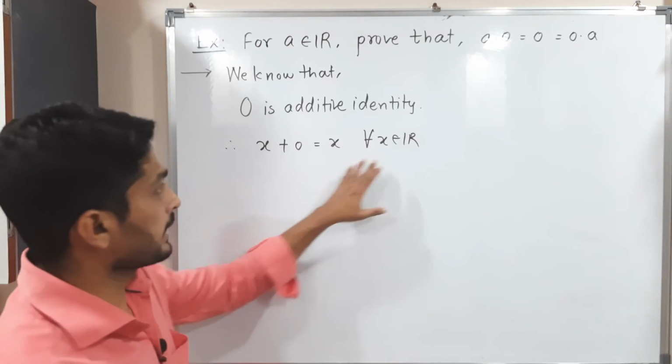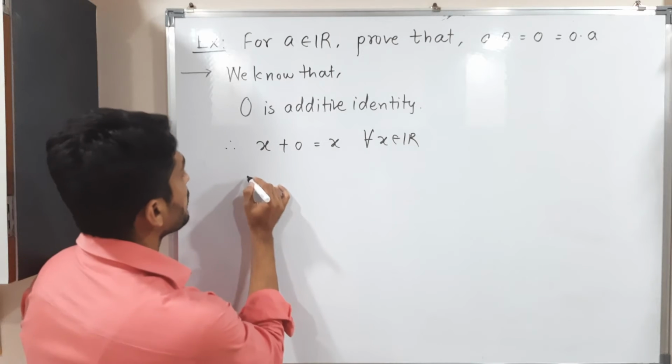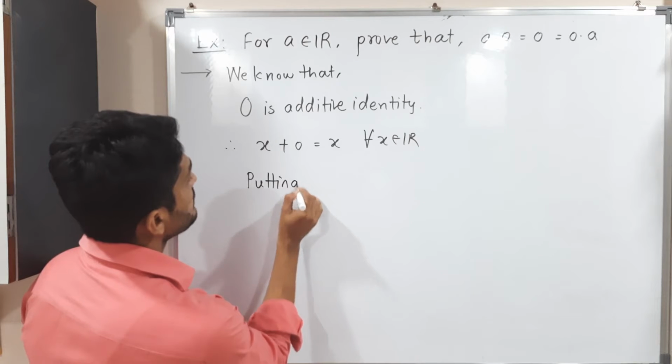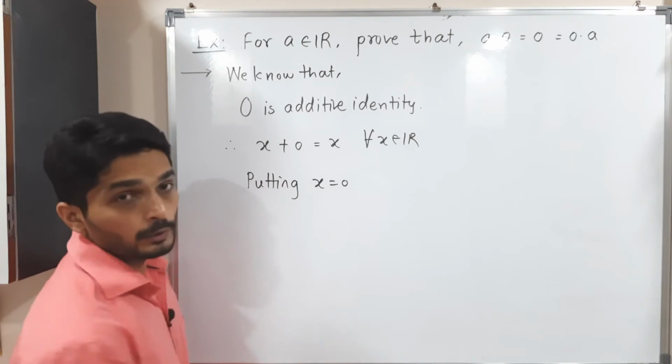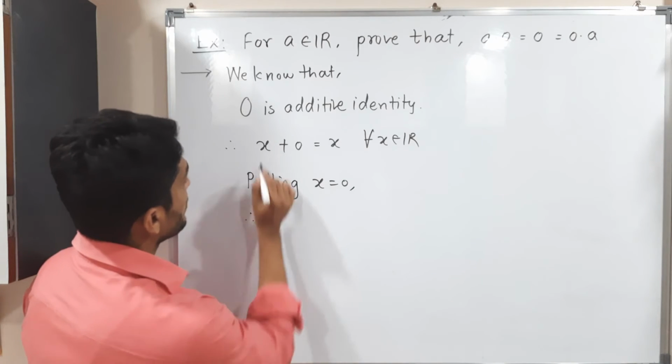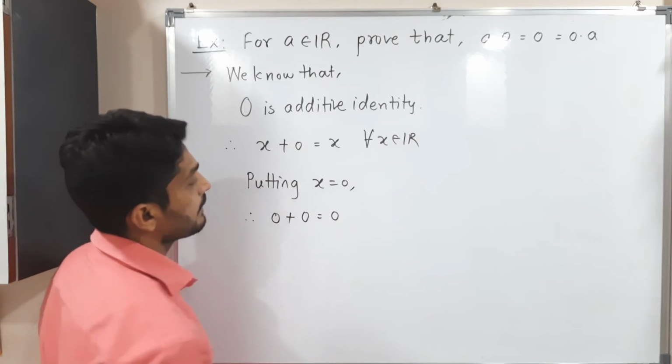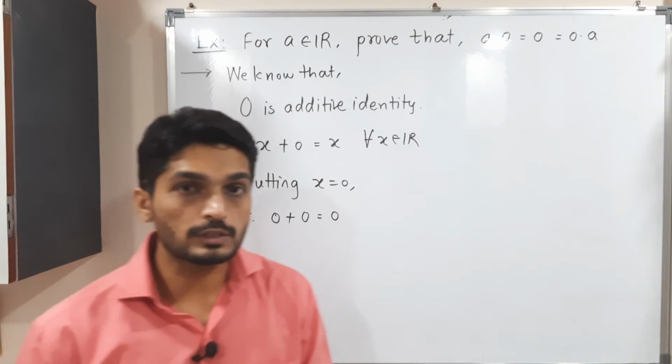So particularly, I am putting x is equal to 0. What will happen then? 0 is already there. So we will have 0 plus 0 is equal to 0.